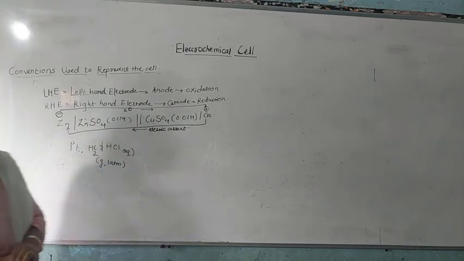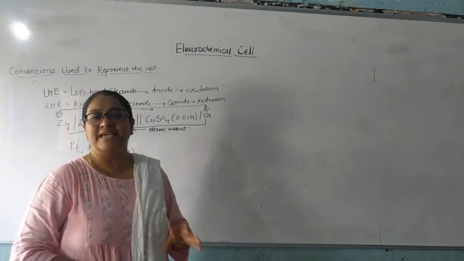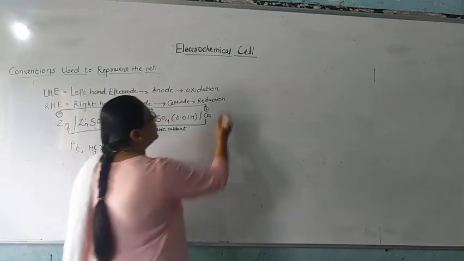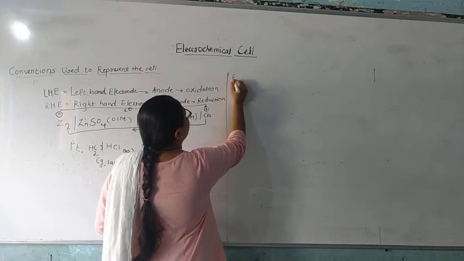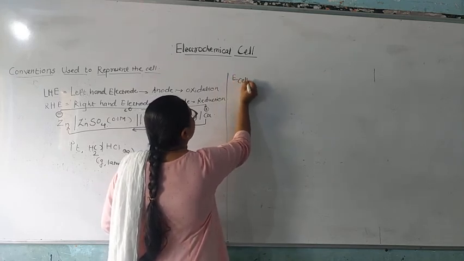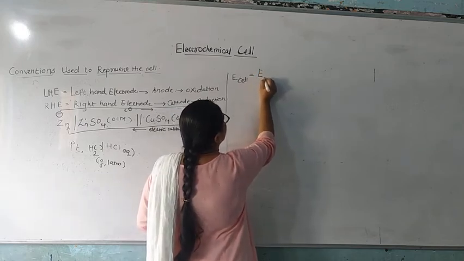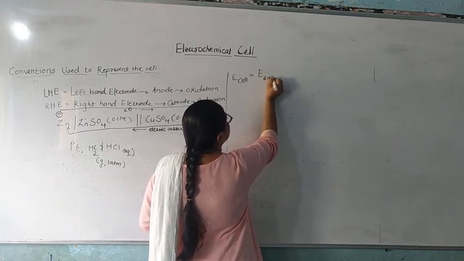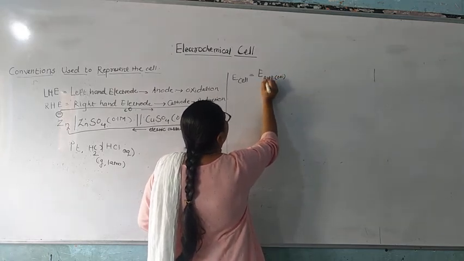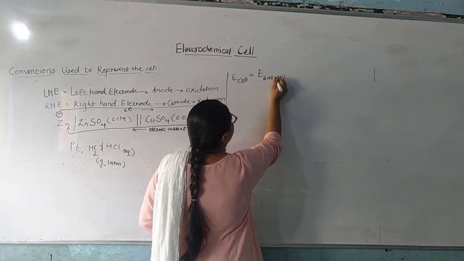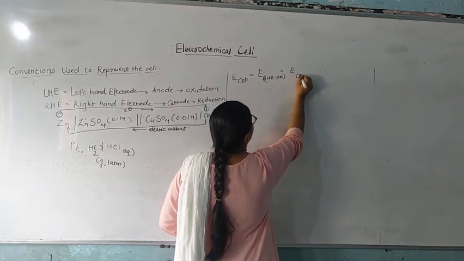Next convention is related to the EMF of the cell, and we have seen the equation. How is the EMF of the cell calculated? The EMF of the cell is equal to the oxidation potential of LHE plus the reduction potential of RHE.